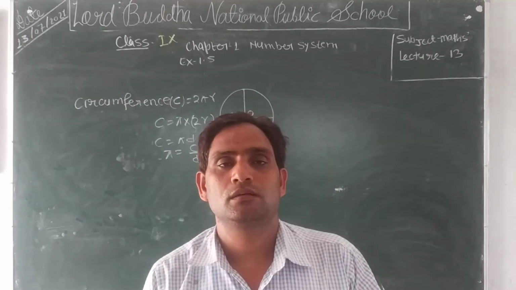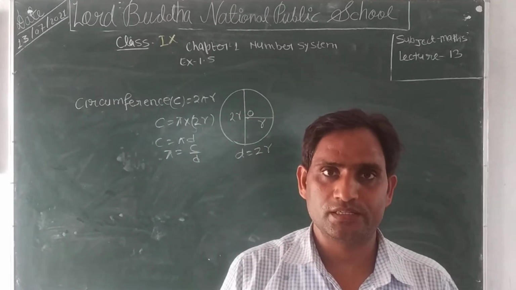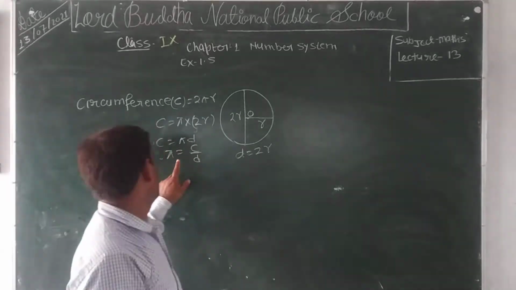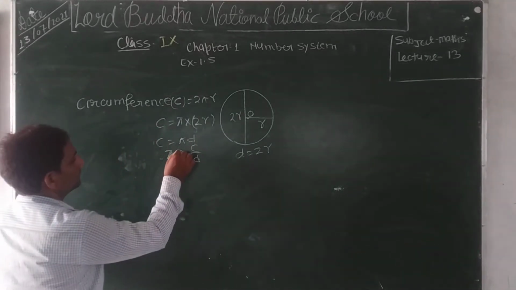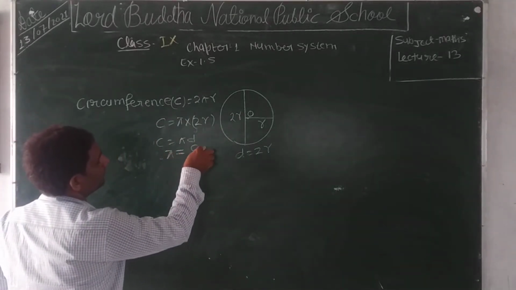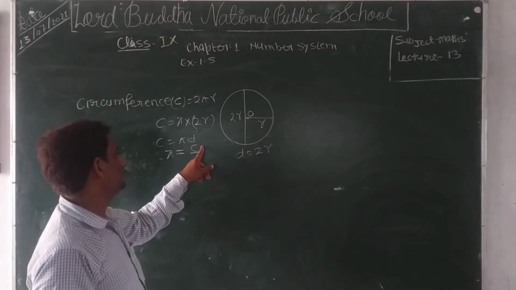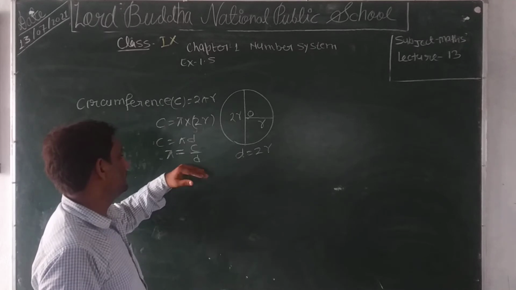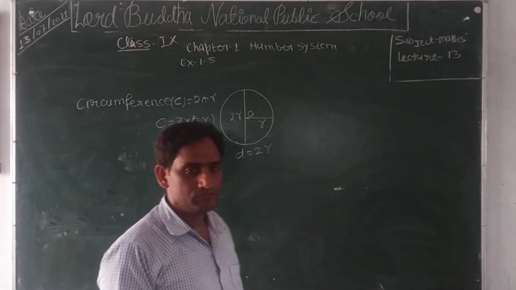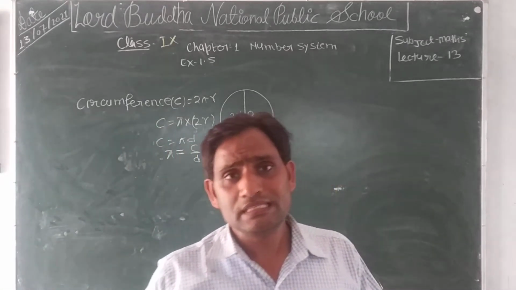The question is that pi is an irrational number, but here pi is written in the form of P by Q, meaning the ratio of circumference to the diameter. Is there any contradiction?